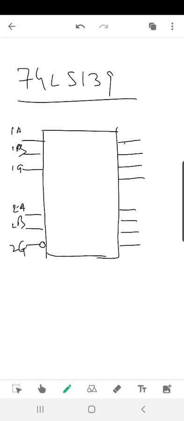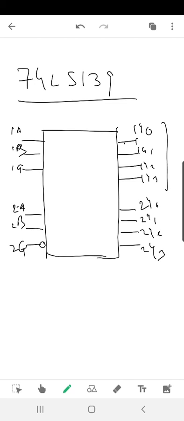And the outputs will be 1Y0, then 1Y1, 1Y2 and 1Y3. Similarly, 2Y0, 2Y1, 2Y2 and 2Y3. These 4 outputs are for active high, and these 4 outputs are for active low. Similarly, these 2 inputs are for active high and these 2 inputs are for active low.